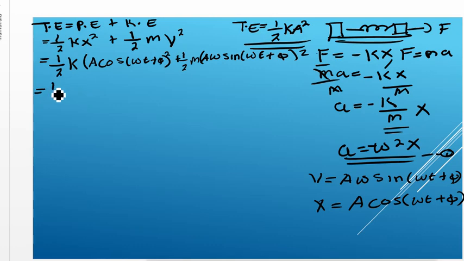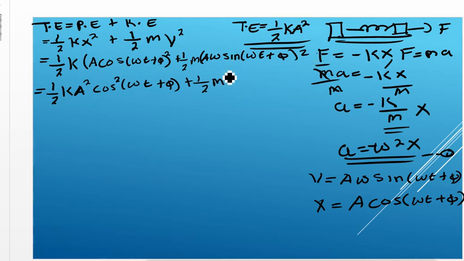From here we're going to have 1 over 2 k. Of course, since we've squared everything in here, we're going to have A squared, then cosine squared of omega t plus phase. You can't square this because this is just like an angle. Plus 1 over 2 m.